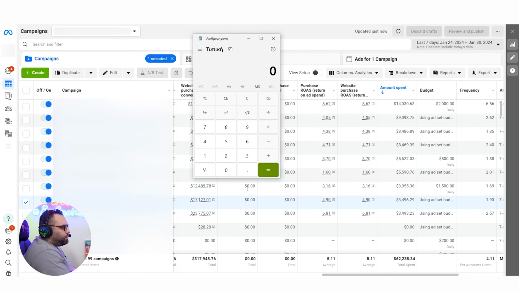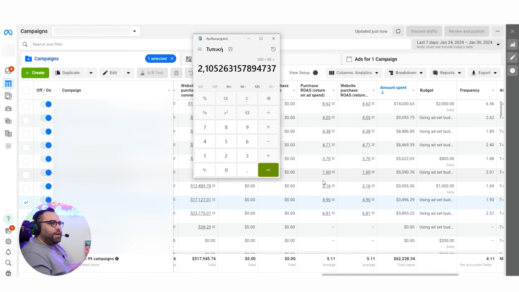But let's discuss a little bit about a situation that we might have here. Let's say that we have 200, for example, and then we divide this with 90, 95. The result here is 2.1. No, I'm not going to do 3 ad sets. Most of the times, I need to have very limited budget in most of my CBO campaigns to do 3 ad sets.